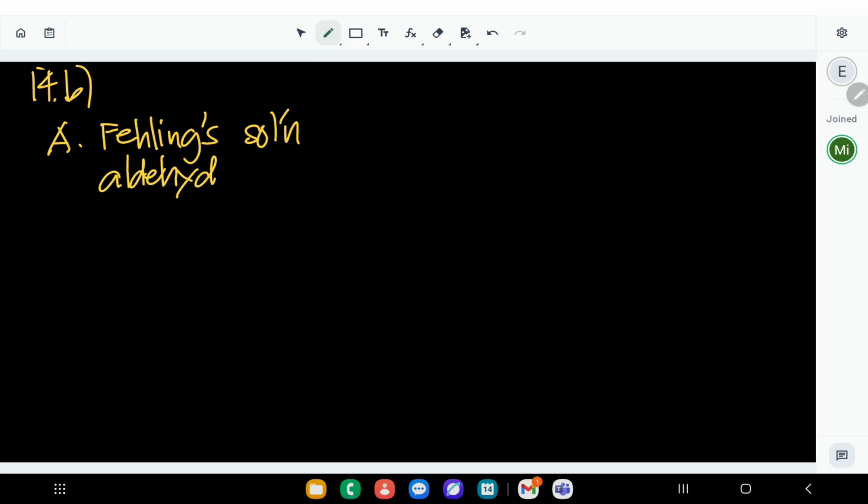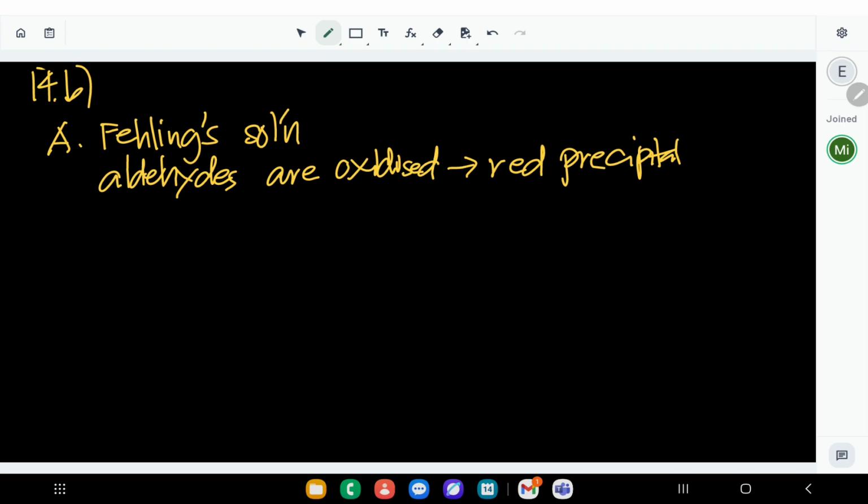Fehling's solution is for aldehydes. Aldehydes like propanal are oxidized, so this produces a red precipitate. Then ketones like propanone, no change.